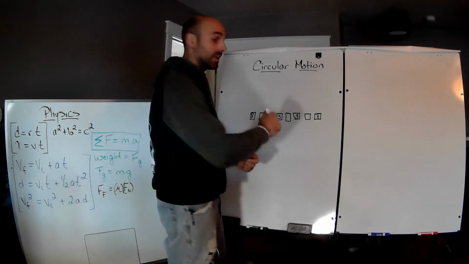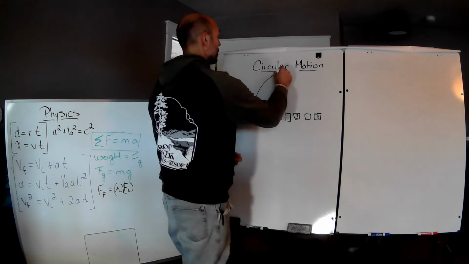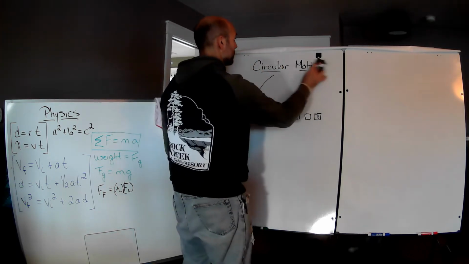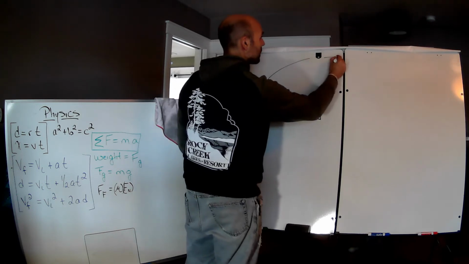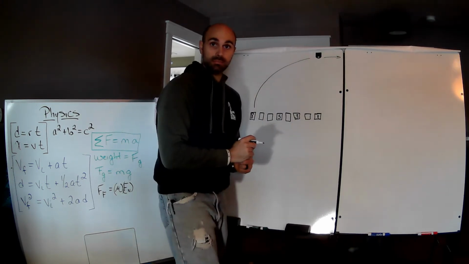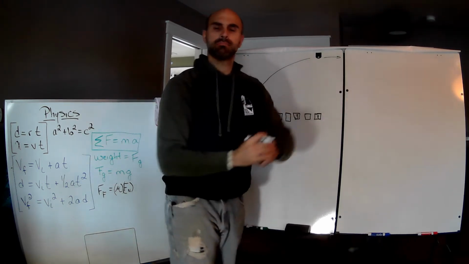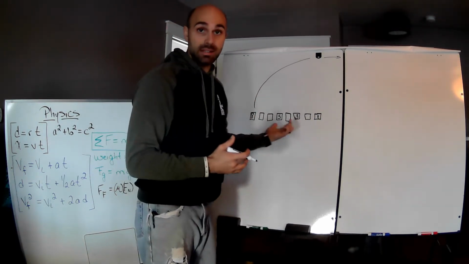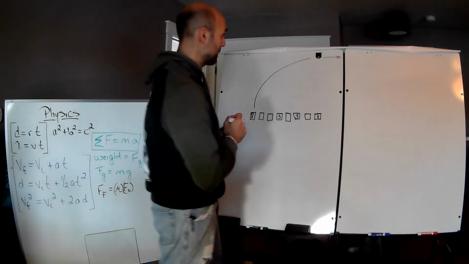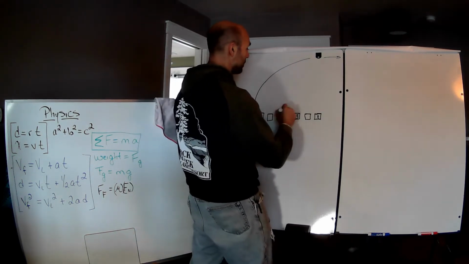And they're turning in this circle, so they're going to make a turn. Now, I want you to think of the speeds of these people, right? So how will this look?